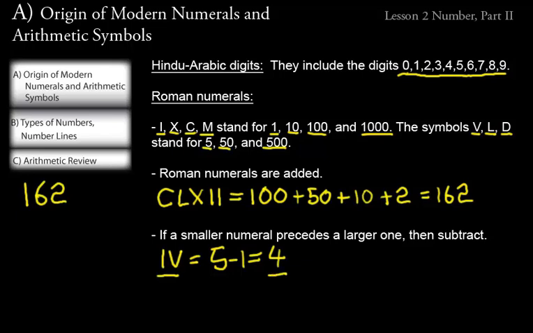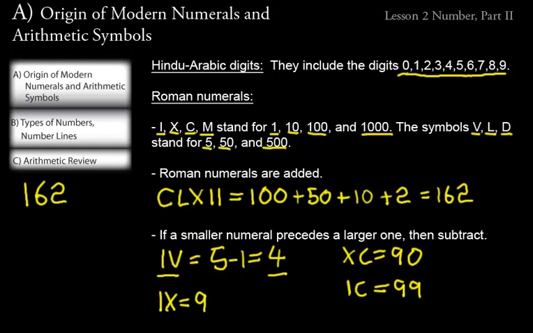And so hopefully you could understand IX, that would be 9, because it'd be 1 taken away from 10. XC would equal 90, 10 taken away from 100. IC would equal 99, 1 taken away from 100.